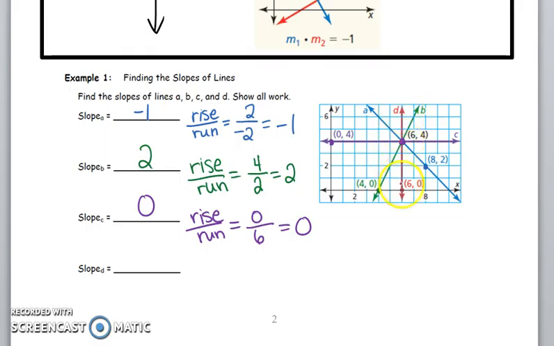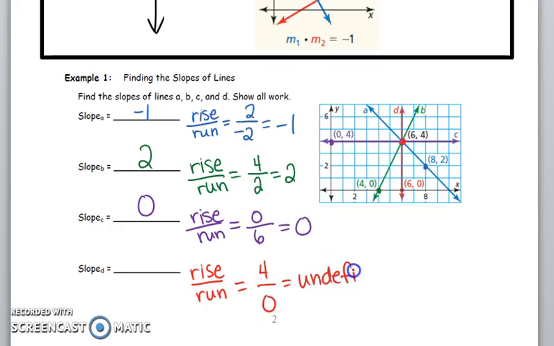And lastly, line D. We see line D is vertical. We have the point (6, 0), and again the point (6, 4). So the rise over the run. The rise in this case is up 1, 2, 3, 4. And the run in this case, now the run is referring to how much we moved left or right, and we didn't move left or right at all, so that's 0. Now, anytime you have 0 in the denominator, that becomes a problem.